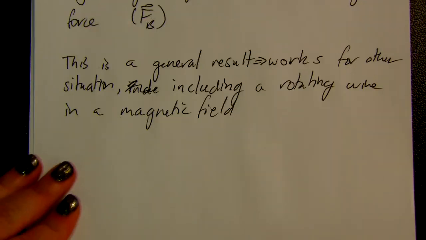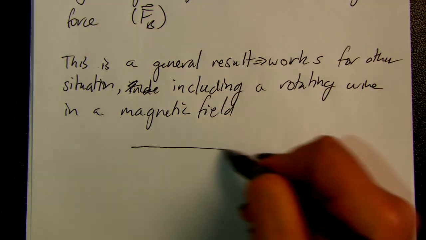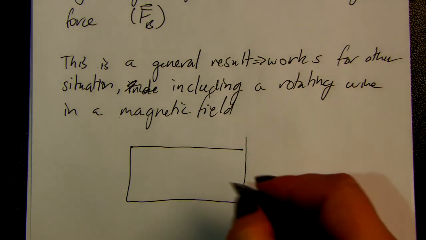So for example, we go back to that square circuit that we've seen before. We've got our B field.